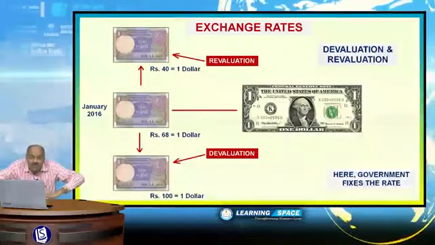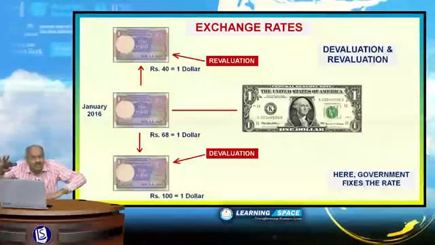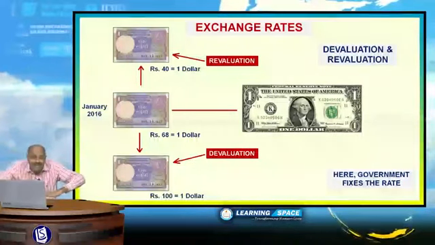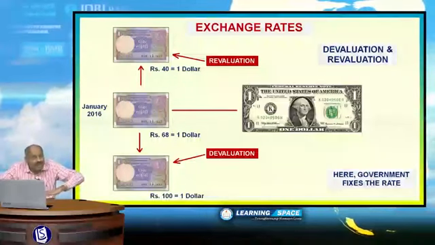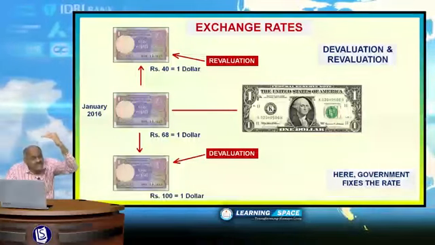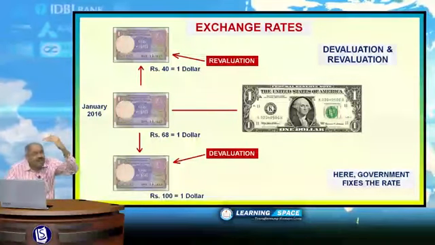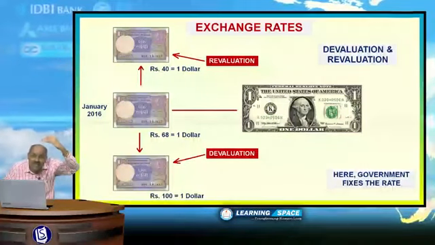Governments sometimes resort to devaluation so as to give impetus to exports. So, if government devalues its currency, the name given is devaluation. And if government increases the value of currency, or if government fixes at rupees 40 per each dollar, that is a revaluation.